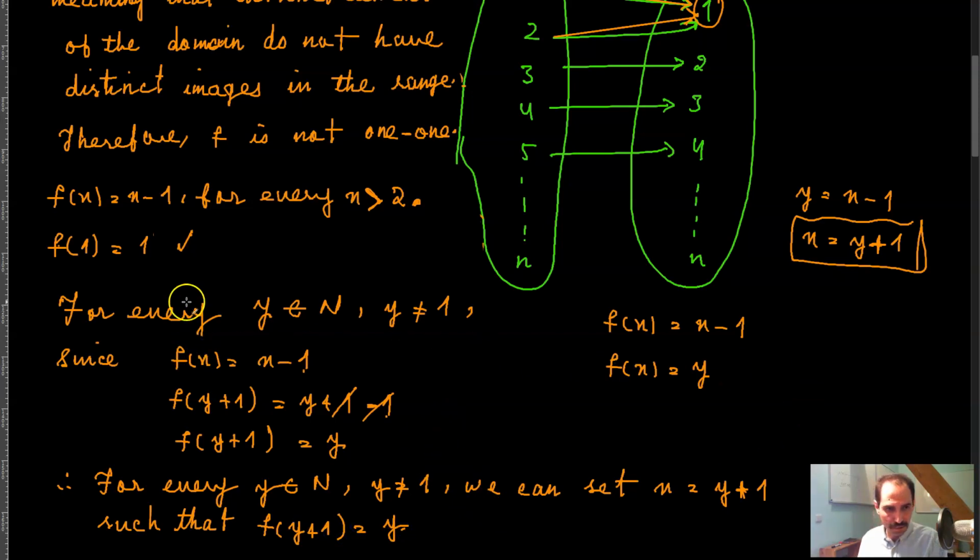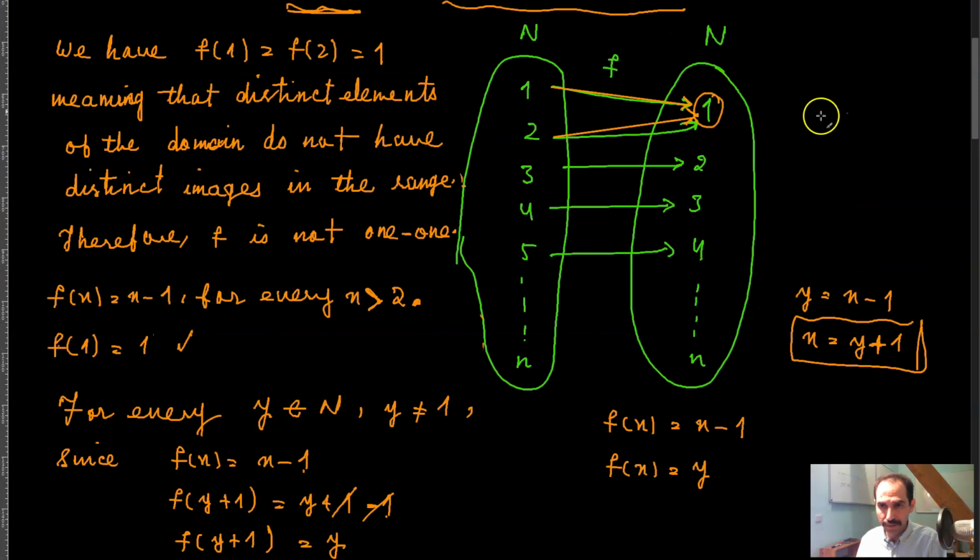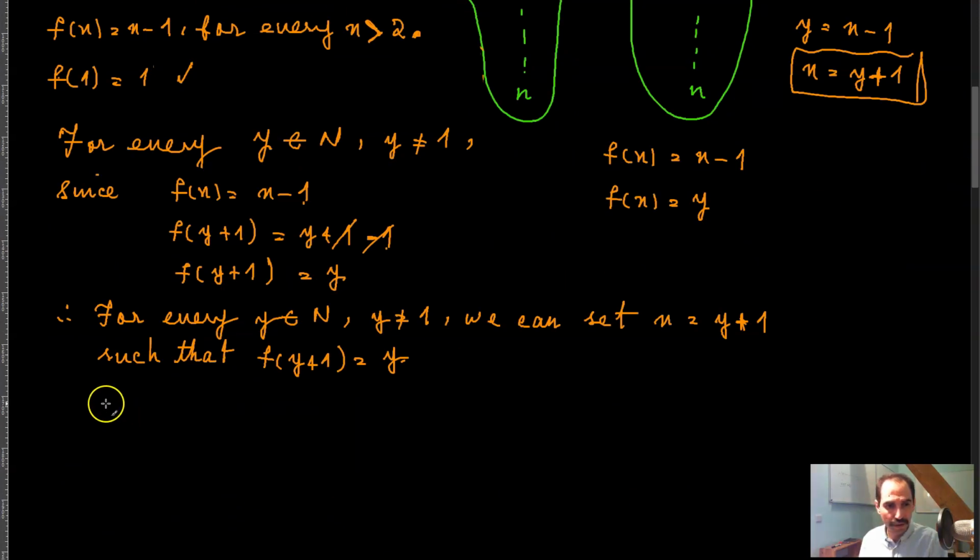And of course you can see that also for 1 belonging to n, meaning that for this element over here, we have f of 1 is equal to 1.